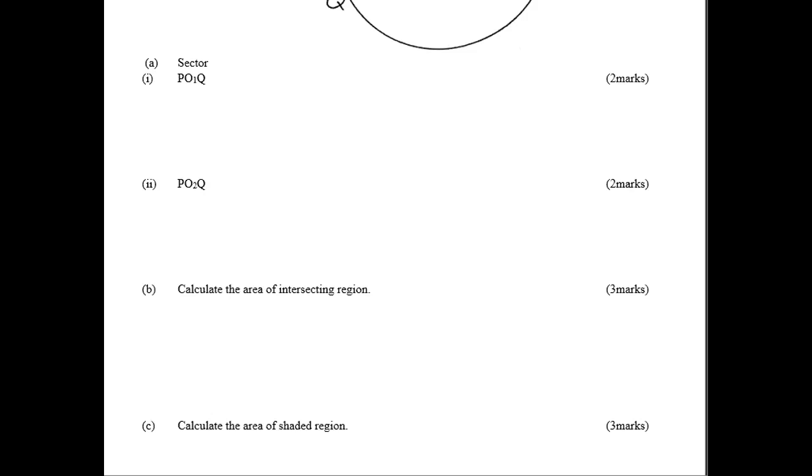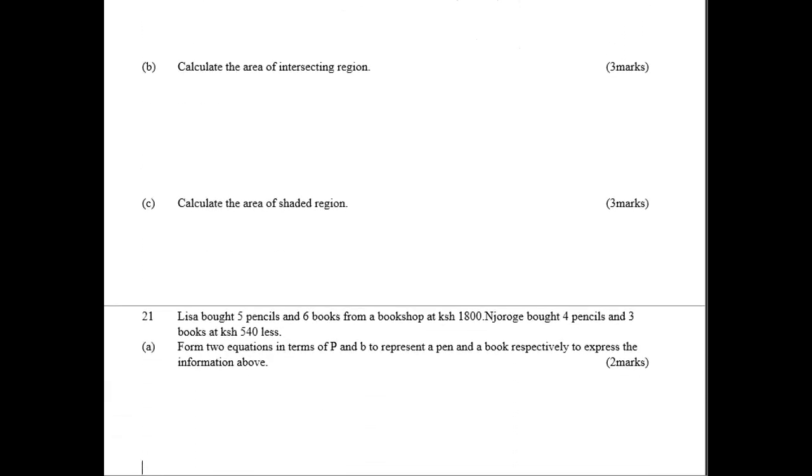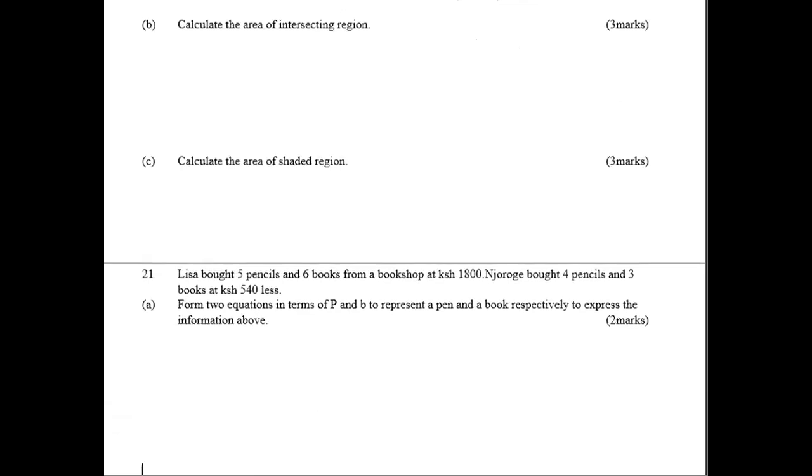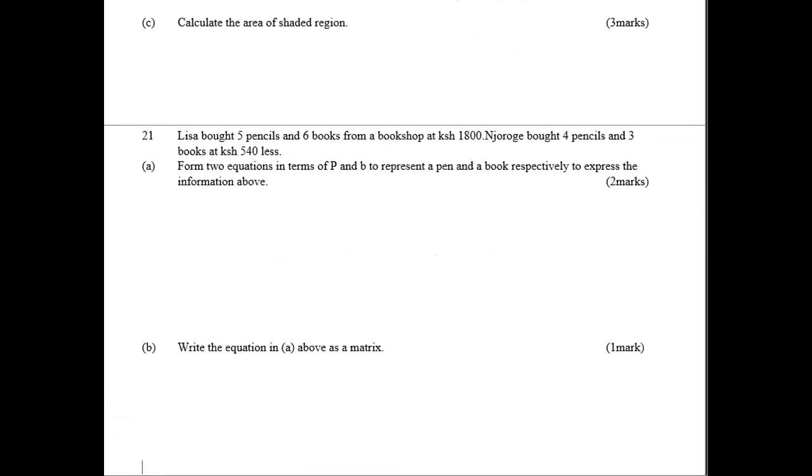I want us now to consider the next question they're asking: calculate the area of intersecting region. What is meant by intersecting region? It's the shared section, the region that is formed by the two segments in between the two circles.